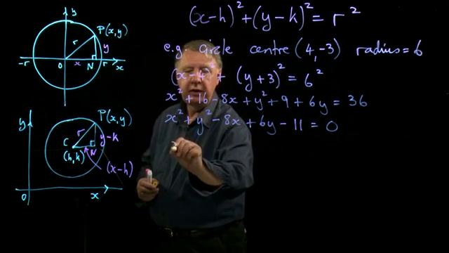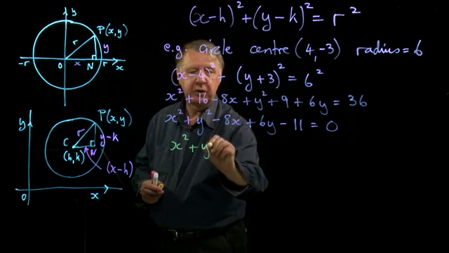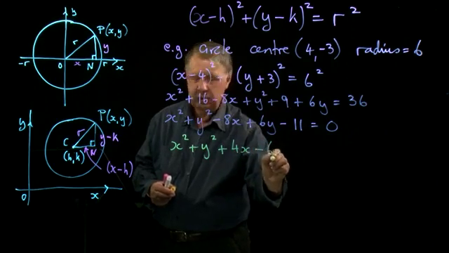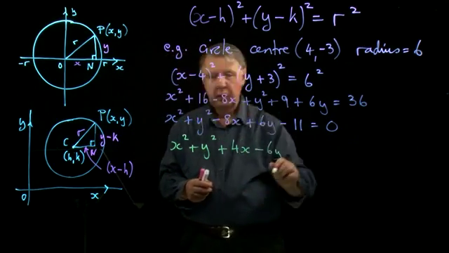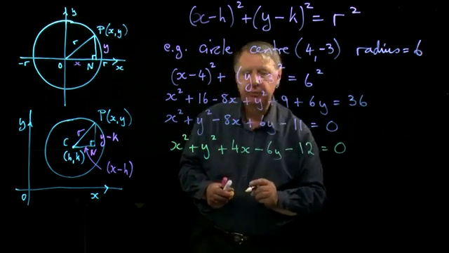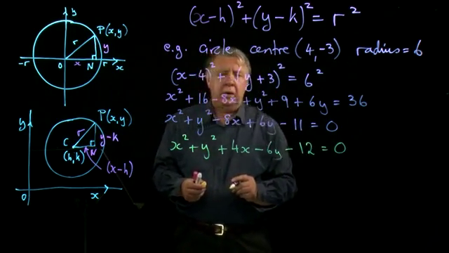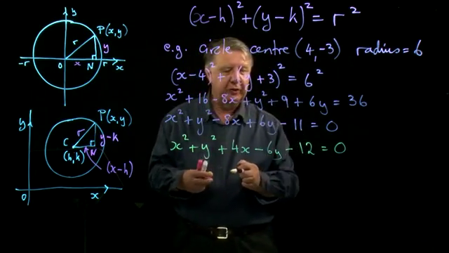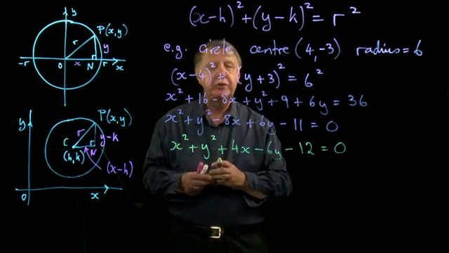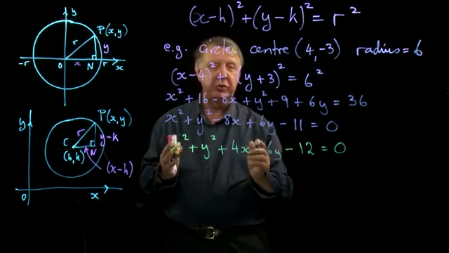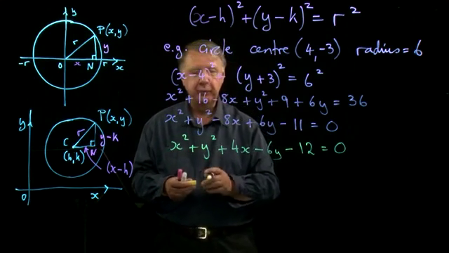Let's have x squared plus y squared plus 4x minus 6y minus 12 equals 0. There are tricks for doing this, which I'll show you at the end, which you may want to use. Tricks are always nice when you're trying to save time, but we should understand what we're trying to do.